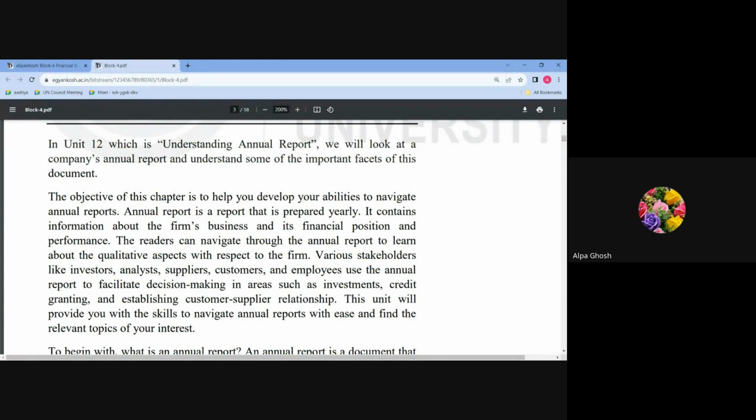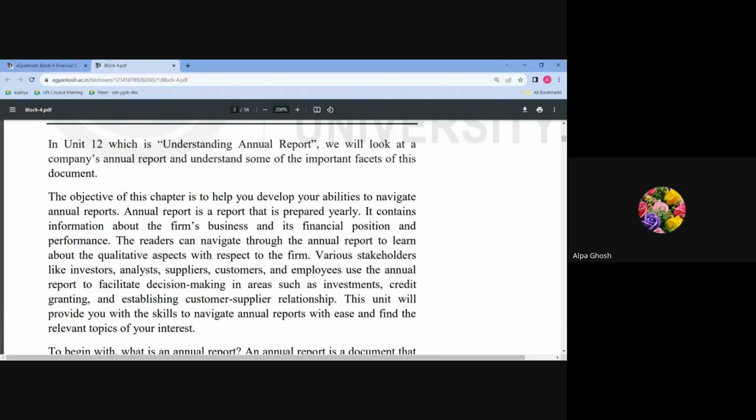So once we read the annual report, we can understand the importance and the qualitative aspects that are included in the annual report. There are various stakeholders, like investors, analysts, researchers, suppliers, customers, employees.